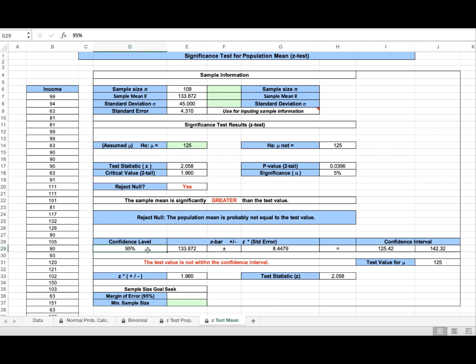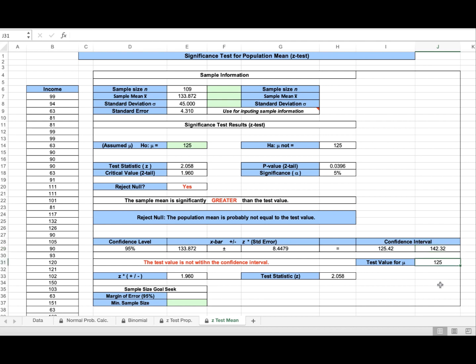Our 95% confidence interval allows us to make an estimate about the population mean. We would say we're 95% confident that the true population mean income is somewhere in the range 125.42 up to 142.32.